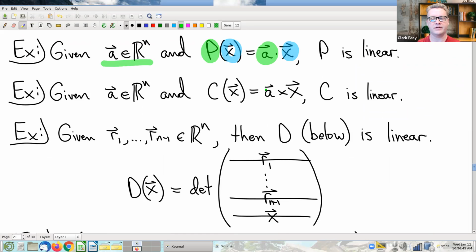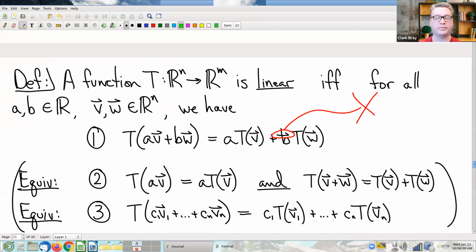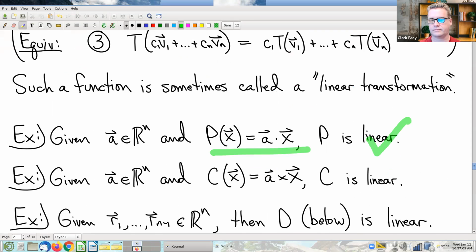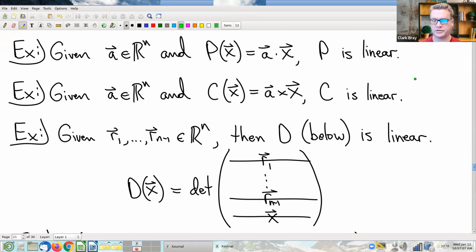Well, it dots with the given vector A. This function is linear, and that's something you can directly check using these properties. Take your pick of any of these three properties. I like number one myself. That's a good practice problem. You want to make sure you are still good with doing that. I presume that you did things like that previously, but it's a nice warm-up exercise.